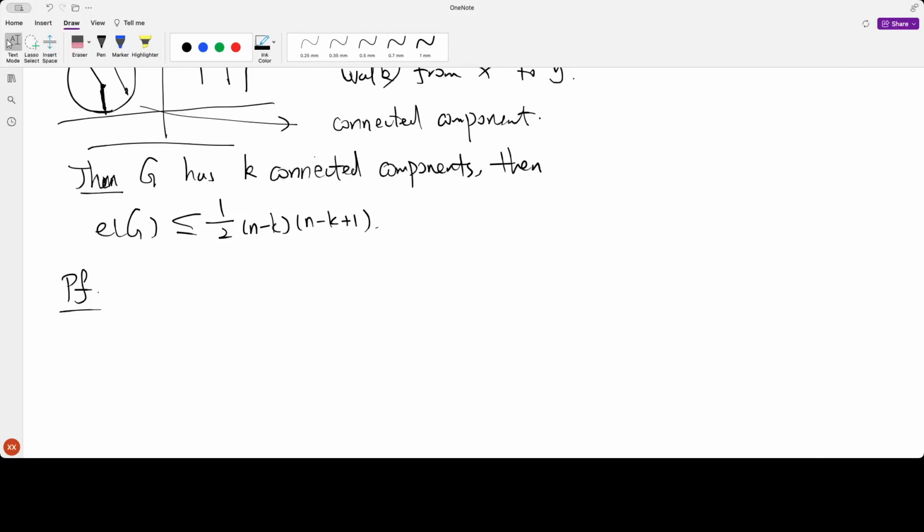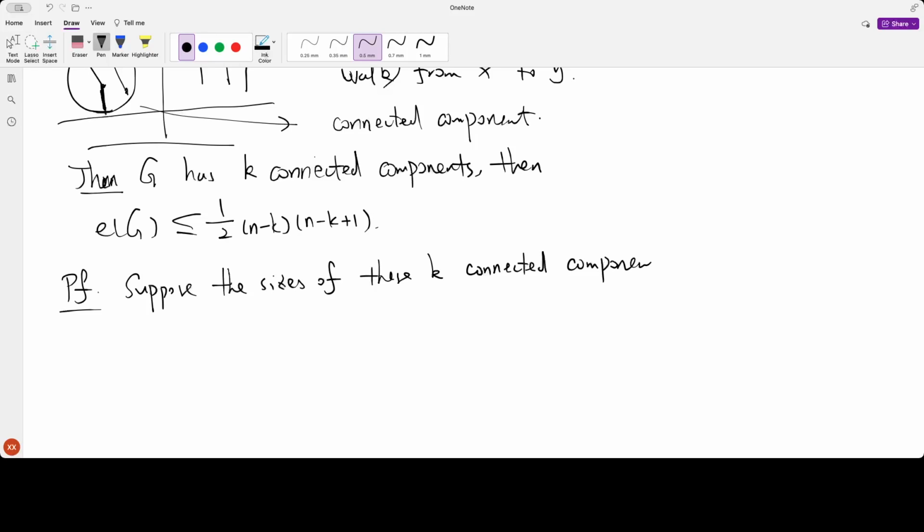So let's prove this. If G has k connected components, then you cannot have too many edges. Suppose G has k connected components. The sizes of these k connected components are, for example, A1, A2, A3, and Ak.